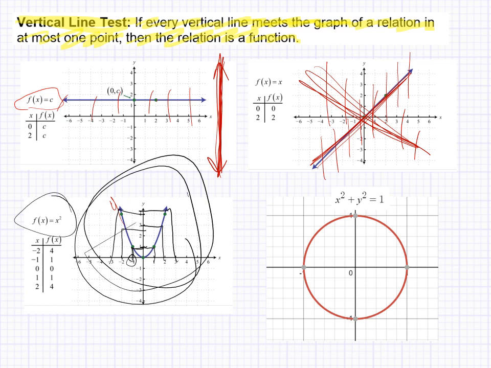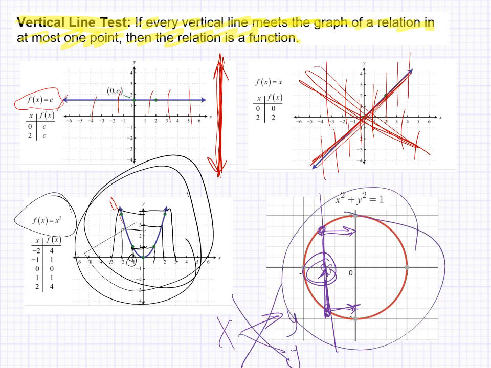But let's talk about circles for a second. If I put a vertical line right here, I would hit 2 points. This x value matches up to this point and this point down here, and therefore it gets matched to this y value and this y value. So 1 x, 2 y's. Well, 1 x can't go to 2 different y values. That can't happen. So this circle doesn't pass the vertical line test.